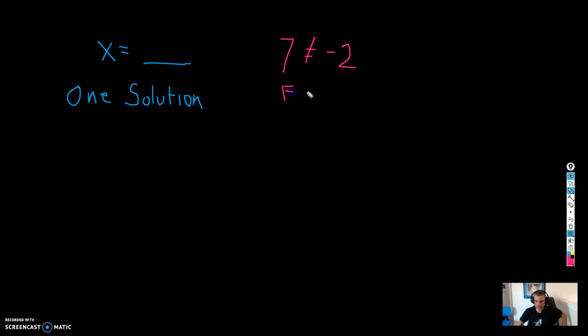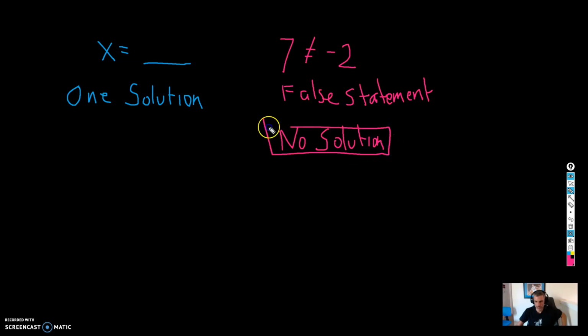This is a false statement. If you end up with something like this, this is no solution, right? There's no, the scale's broken. It's never going to balance, right? There's one solution over here, right? X equals 5, X equals 10, whatever.